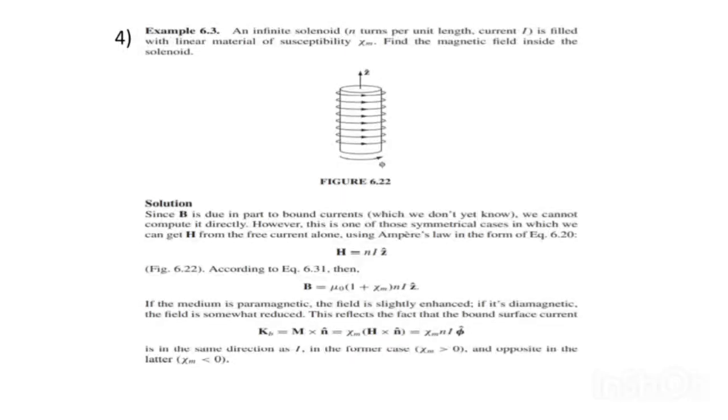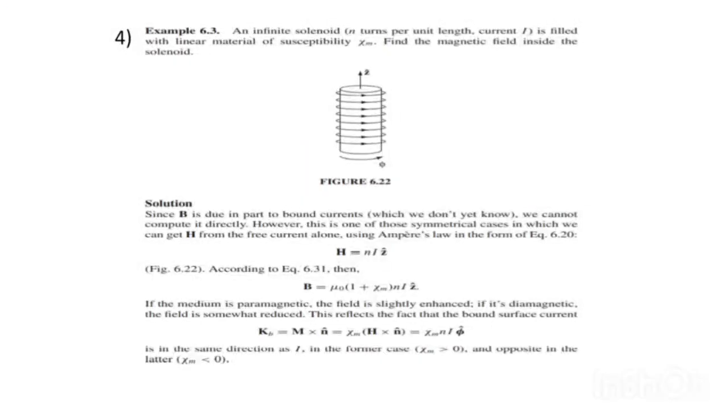Hence, we find H from the free current alone using Ampere's law. That is, H equals n I z cap. From this, B equals mu naught times 1 plus chi m, times n I z cap. If the medium is paramagnetic, the field is slightly enhanced. If it's diamagnetic, the field is somewhat reduced.